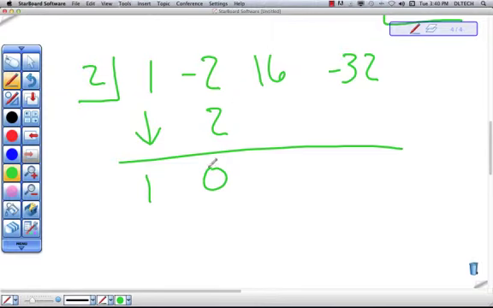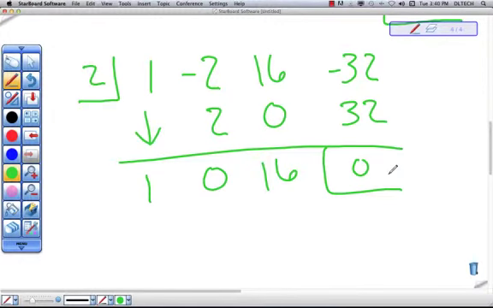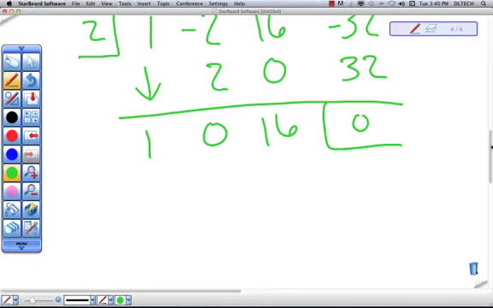Negative 2 plus 2 is 0. 0 times 2 is 0. 16 plus 0 is 16. And 2 times 16 is positive 32. Negative 32 plus 32 is 0. And once again, we get 0 as our remainder, which means that 2 and negative 1 are our zeros.